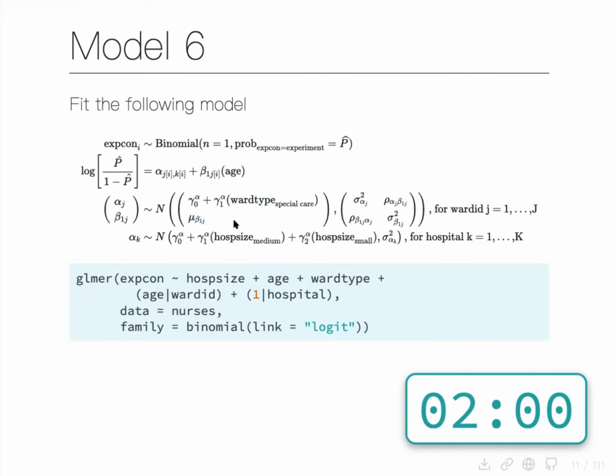If you had a predictor here, like ward type predicting beta 1, that's a ward level predictor predicting a slope at the nurse level, right? So that is an interaction. It's a cross-level interaction, but an interaction is just an interaction. There's nothing special about it just because it crosses levels.